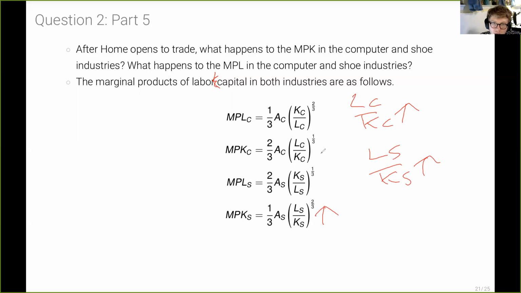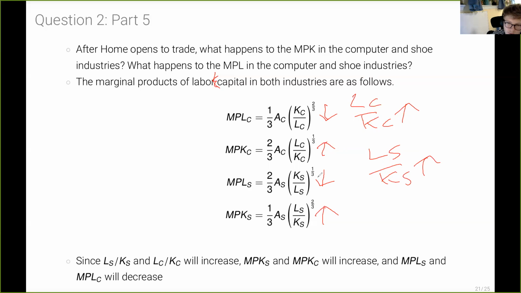Likewise, MPKC is going to increase as well, for the same reason. However, because now LC over KC is flipped compared to what it was before, if LC over KC is increasing, MPLC is going to decrease, and likewise, MPLS is going to decrease as well.